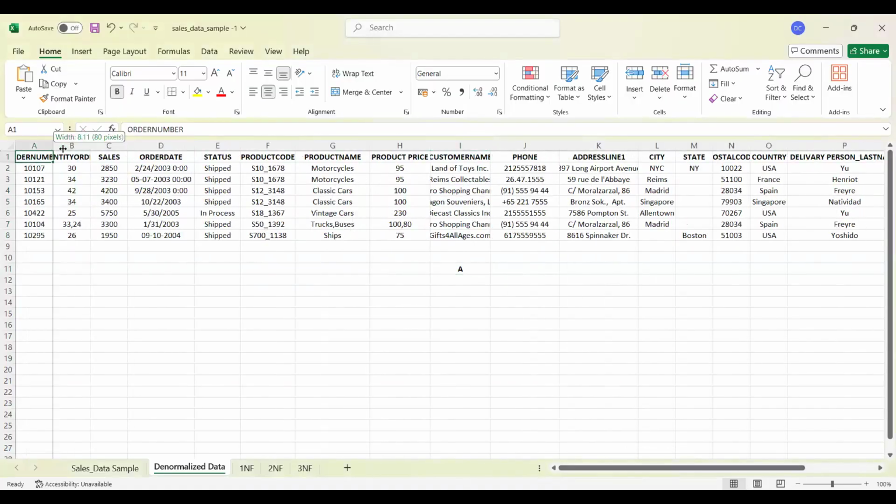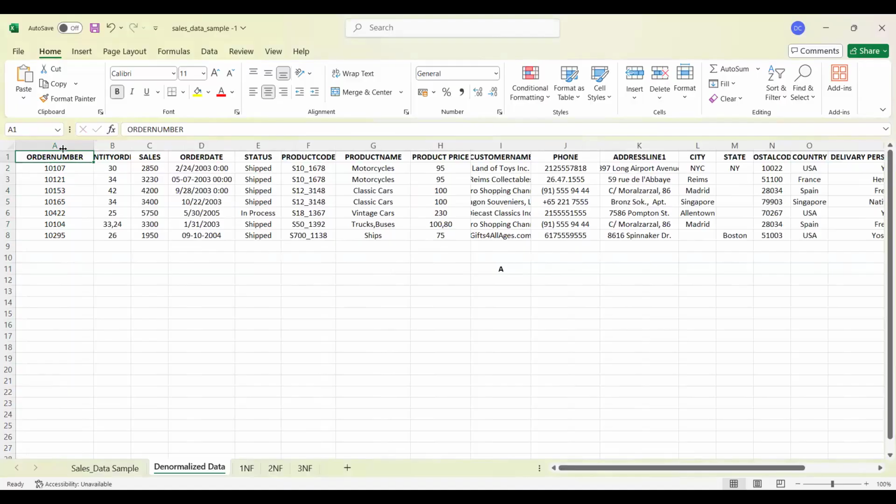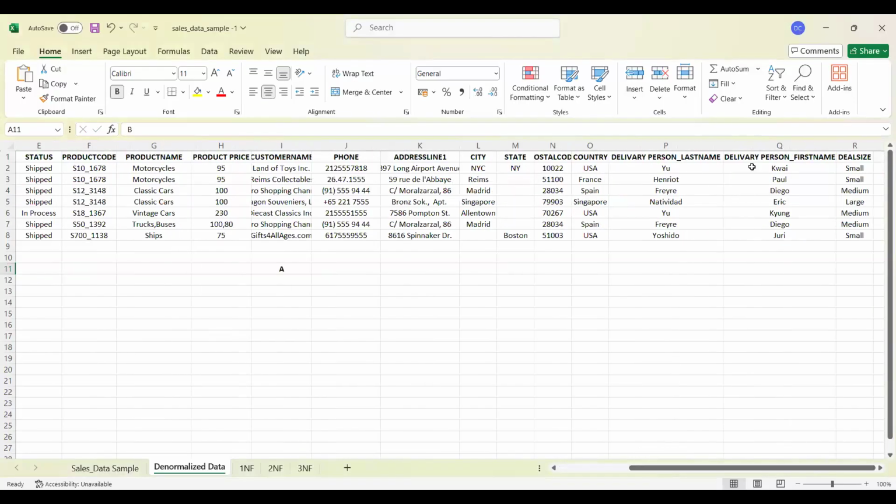We have order number column, and I will consider this column as B. Okay. So customer name as A, order number as B, and next we have delivery person first name. Okay, let me take this as C.